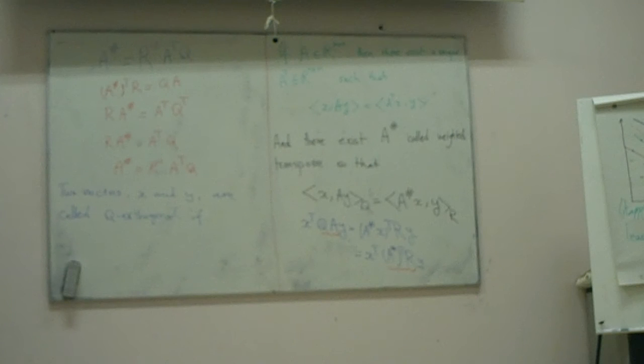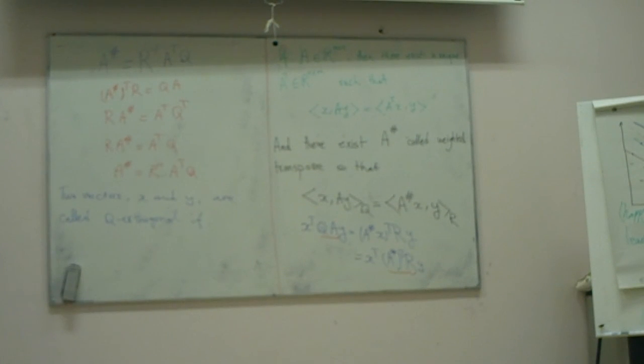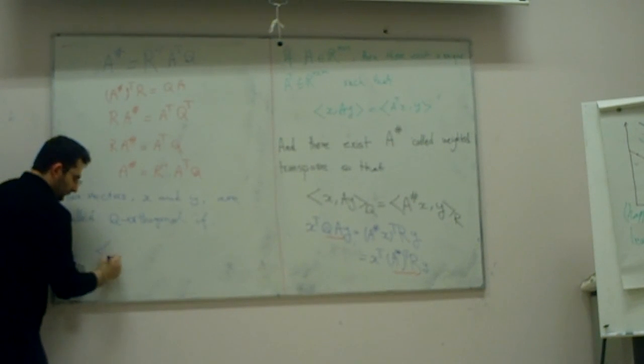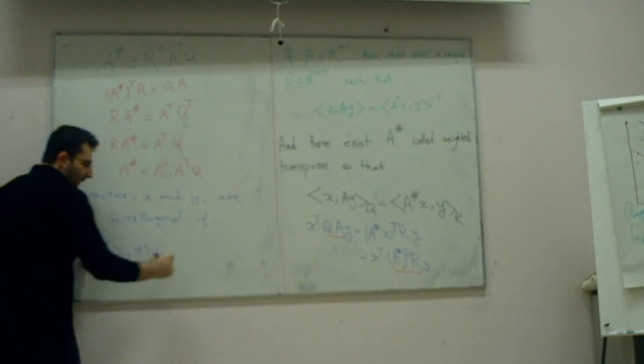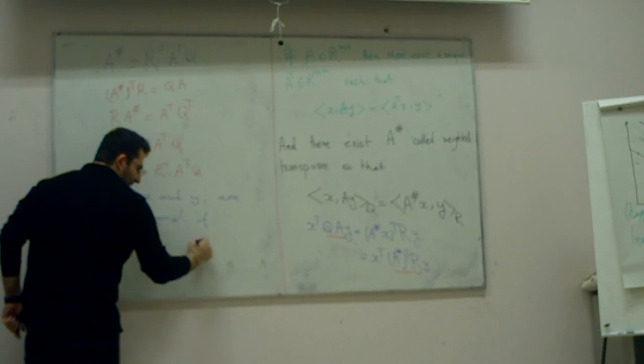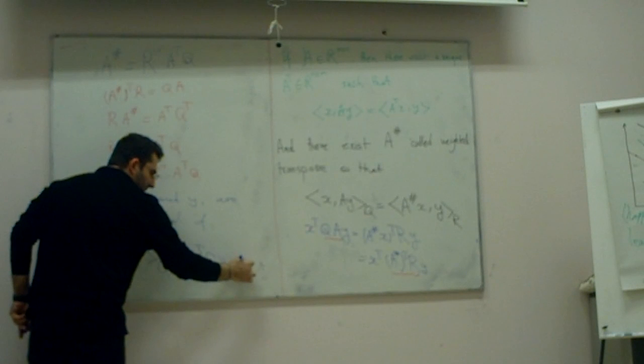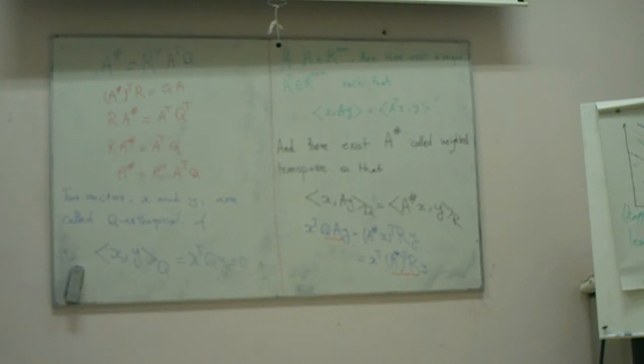What do you think the definition will be? The inner product with respect to Q, which is x transpose Q y, is equal to 0. x and y are orthogonal if x transpose y is equal to 0, and they will be called Q orthogonal, or orthogonal with respect to Q, if we have the inner product with respect to Q to be 0.